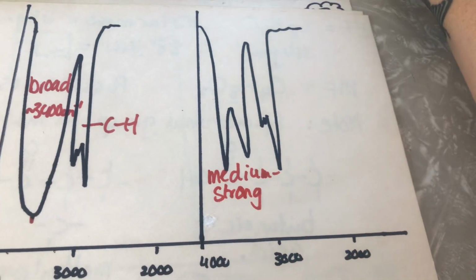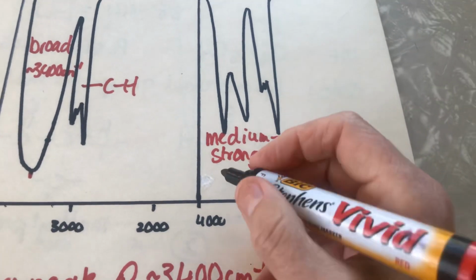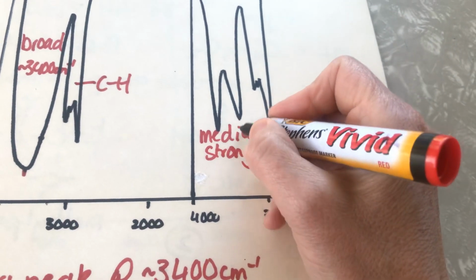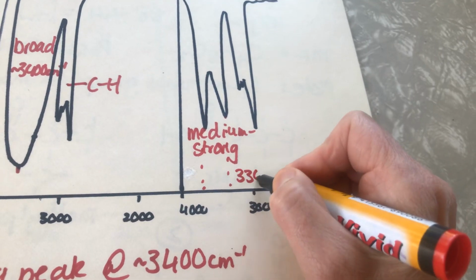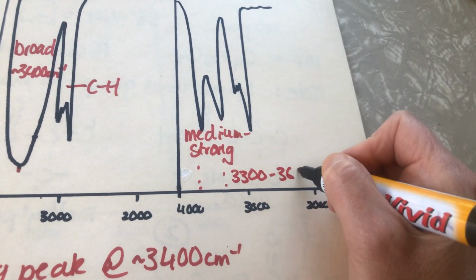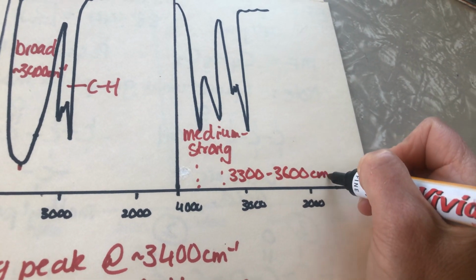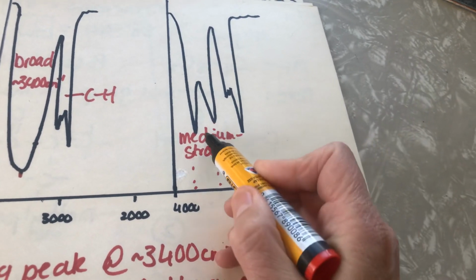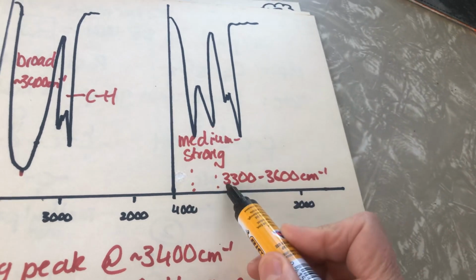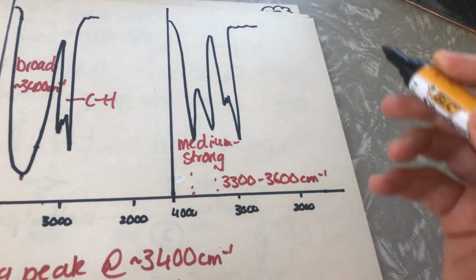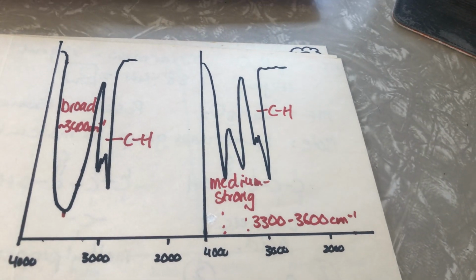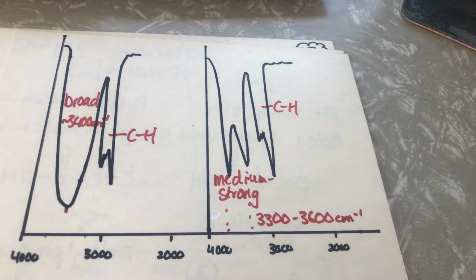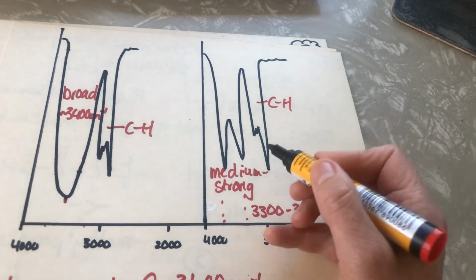And what we're looking at there is kind of between 3,300 to 3,600, something like that. Okay, so my P is a medium strong peak at 3,300 to 3,600. Remembering that this is the C to H again, it's always there. Sometimes looks a bit different, but it's always there.